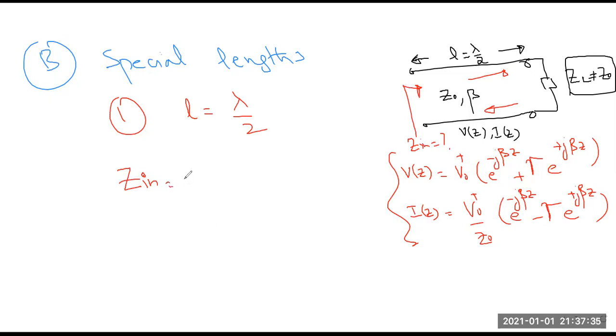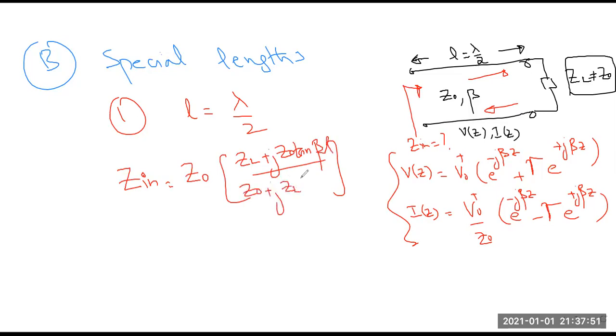So what is the general form of impedance equation? It is Z naught, ZL plus j Z naught tangent beta L divided by Z naught plus j ZL tangent beta L. All you need to do is substitute the value of L because we are given this information.